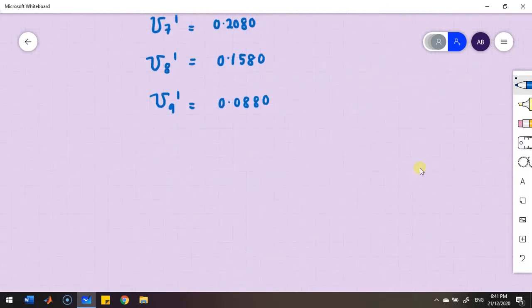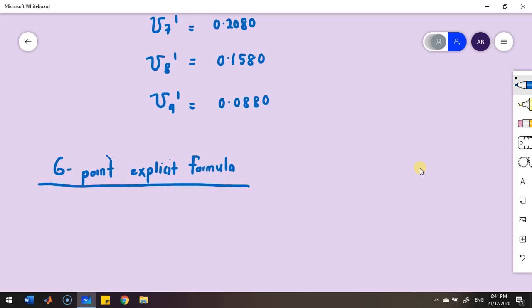You can also have a 6-point explicit formula, which is given by this computational molecule.